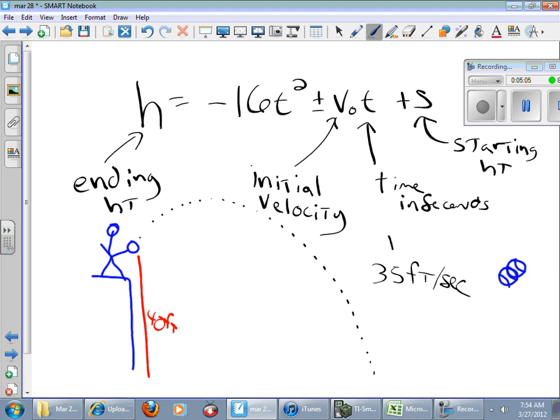That's the initial velocity. We can figure out how high the ball's going to go. We can figure out how long it'll take before it hits the ground.